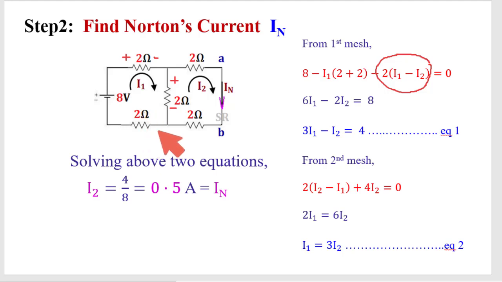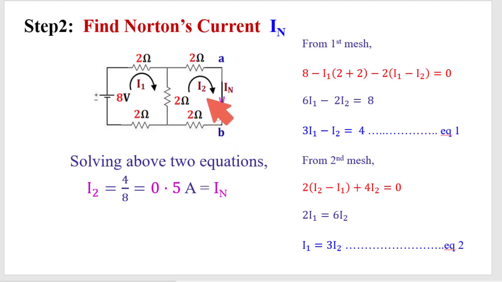Considering this one positive, these three are negative. According to KVL, this minus this minus this minus this is equal to 0. So we got this equation, and simplifying it I got this one. This is equation number 1.